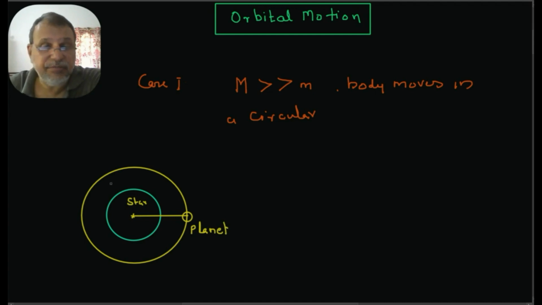All right. The mass of the star we represent with capital M, and the mass of the planet we represent with small m, and the radius of the orbit r.